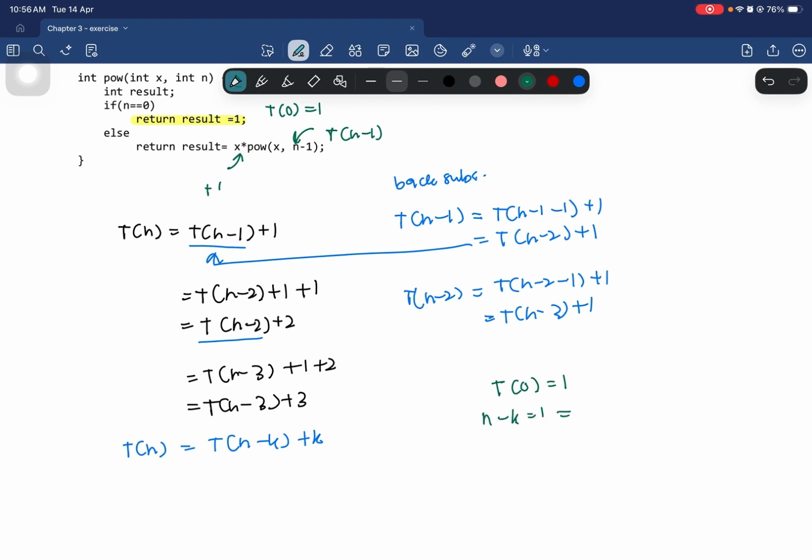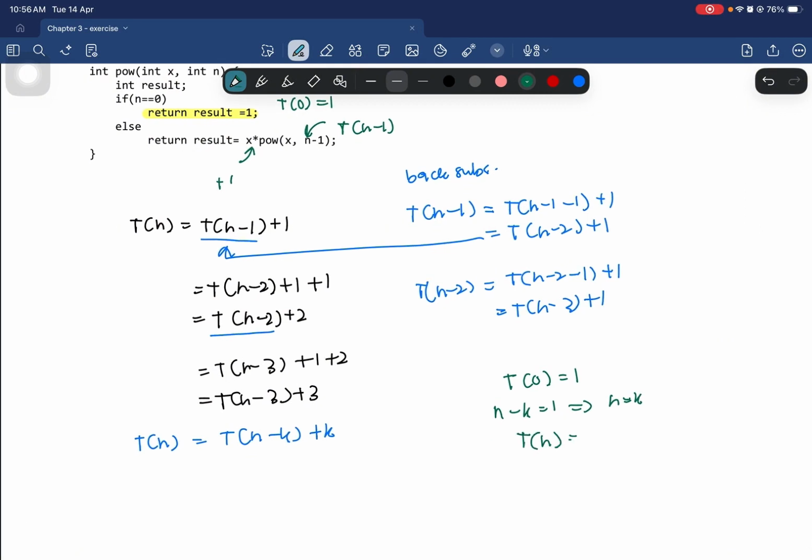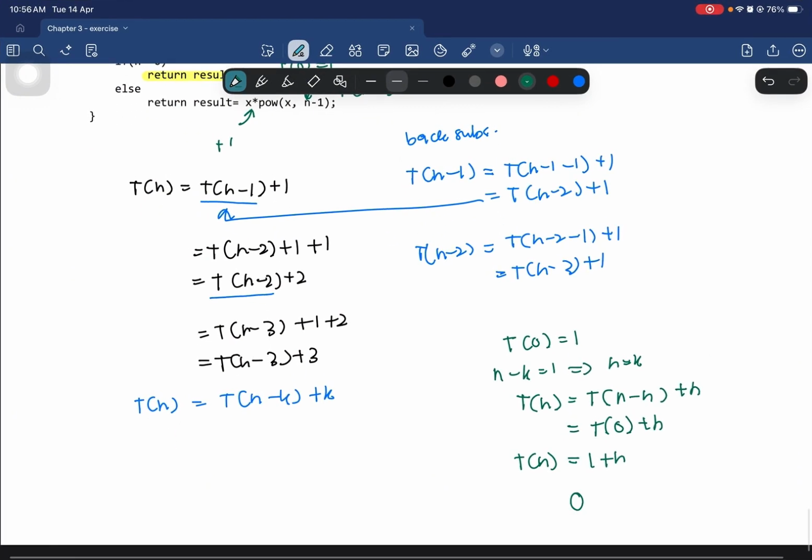So we will get n equal to k. We substitute n into k. We will get T of n equal to T of n minus n plus n. So we will get T of 0 plus n, and we simplify it, T of n equal to 1 plus n. So the BO is O of n.